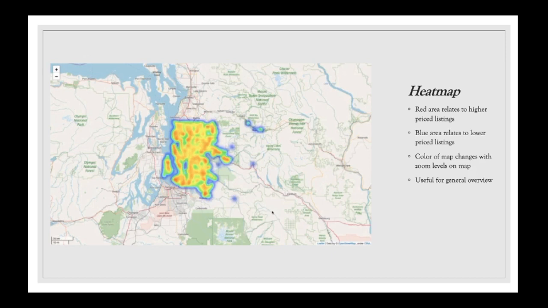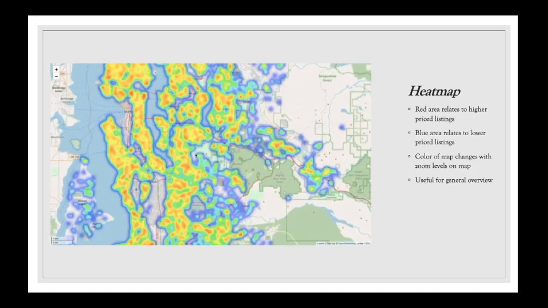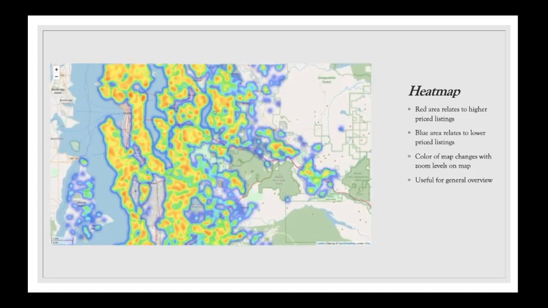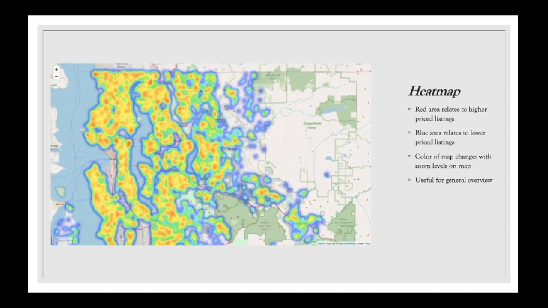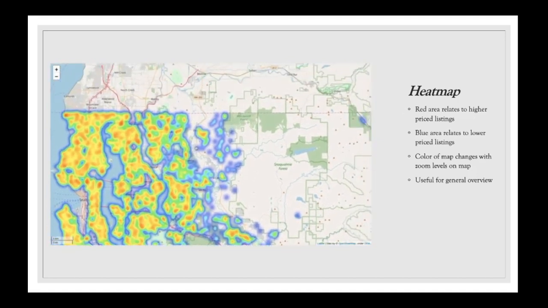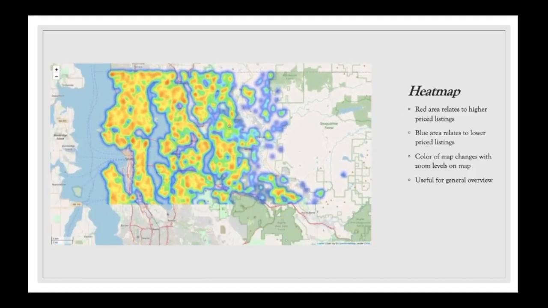The clusters are made automatically based on the zoom levels. So if you zoom out, the clusters get wider, and each cluster is represented by the price in colors, red being the most expensive listings, to blue being the least expensive, yellow and green are in the middle.